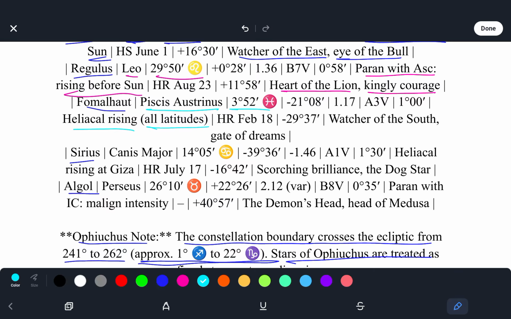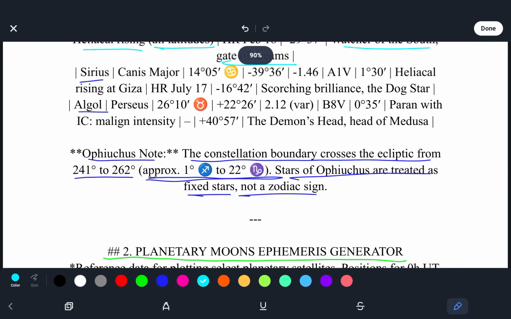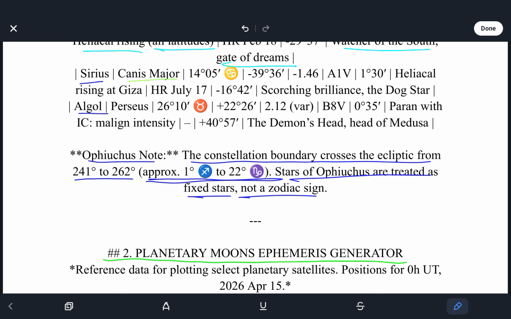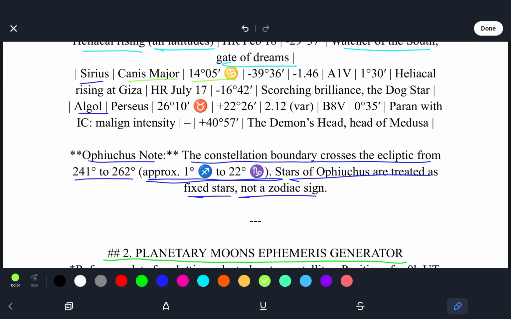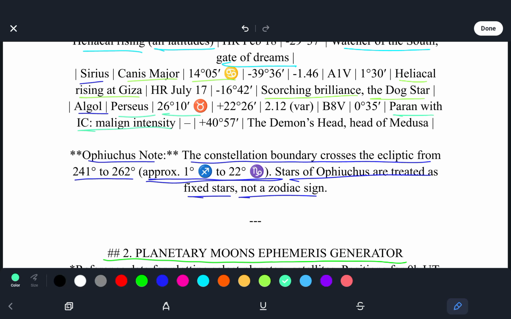Heliacal rising all latitudes, watcher of the South, gate of dreams. And Sirius, also known as Canis Major, known to be 14 degrees 05 Cancer. Heliacal rising at Giza, scorching brilliance, the Dog Star. Algol, or Perseus, 26 degrees 10 Taurus. Paran with IC, malign intensity. And the Demon's Head, or the head of Medusa.